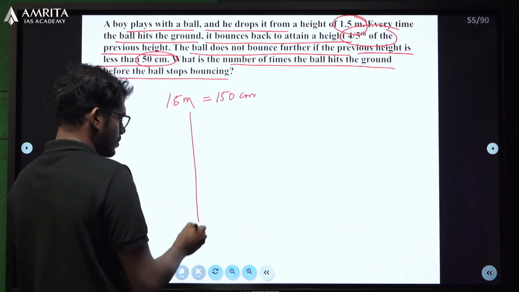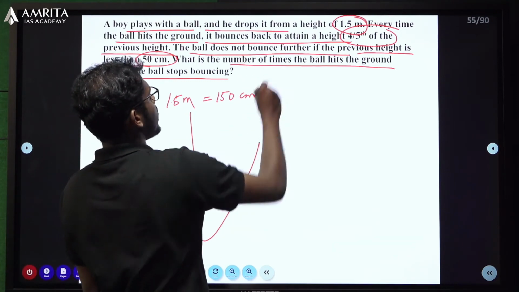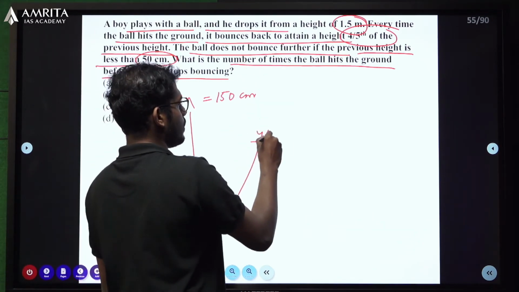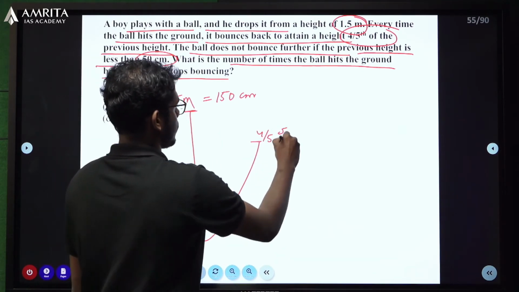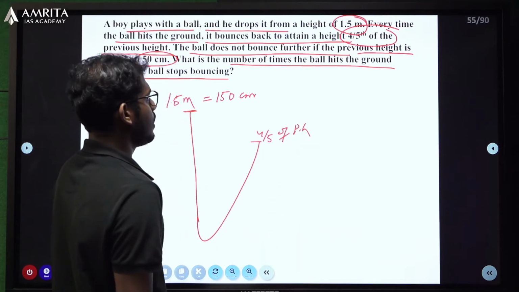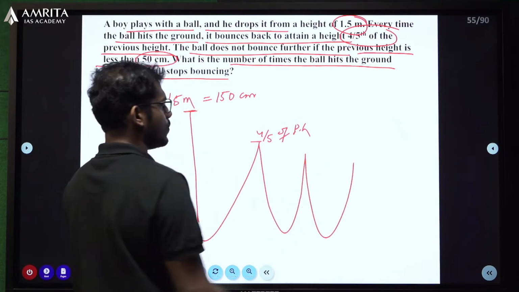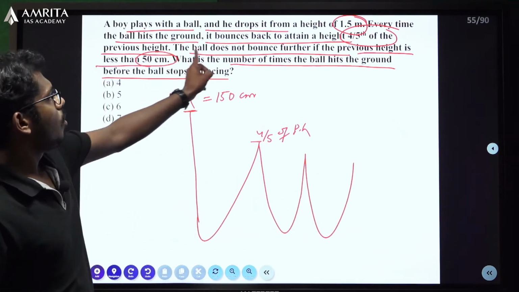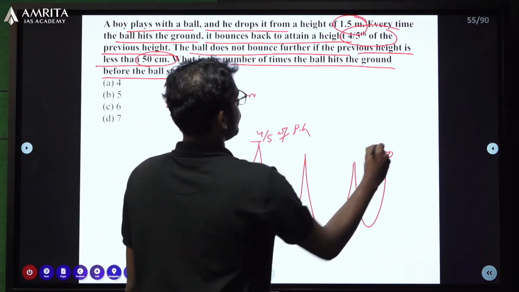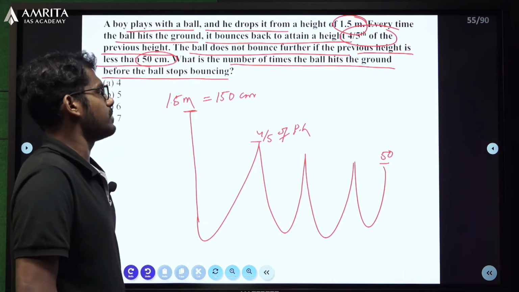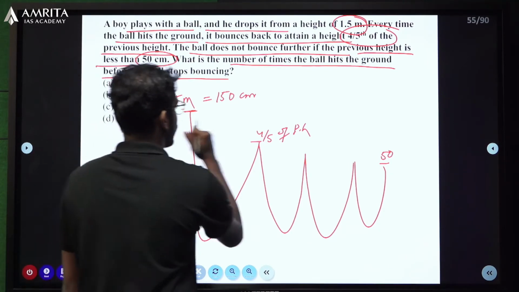He drops the ball and it bounces back to attain a height of 4/5 of the previous height. This process continues, but the ball does not bounce further if the previous height is less than 50 centimeter. Okay, let's check.